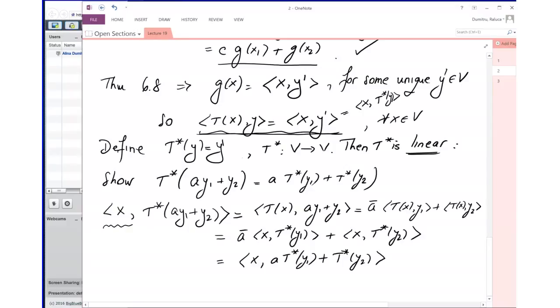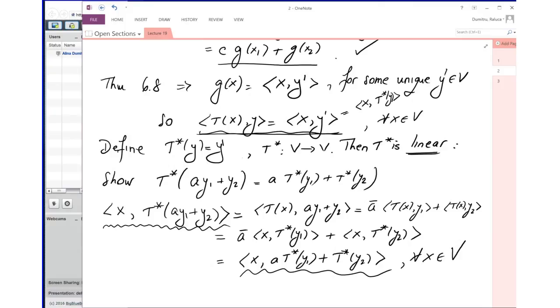So we started here. We ended up with this, and x is completely arbitrary. Whenever the inner product between x and the vector equals the inner product between x and another vector for every x, then the two vectors on the right must be equal.